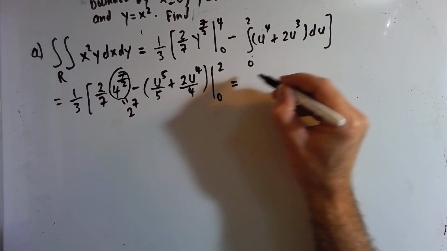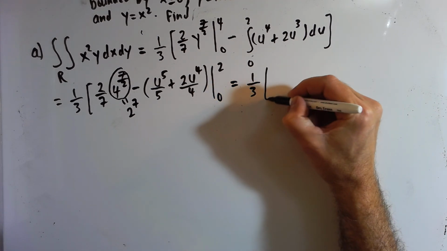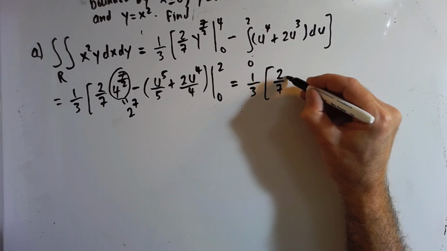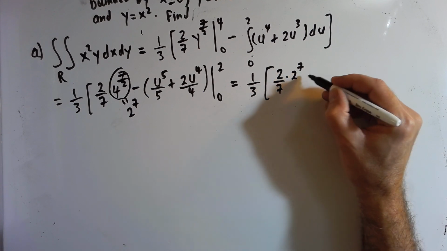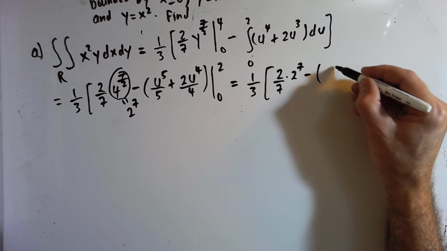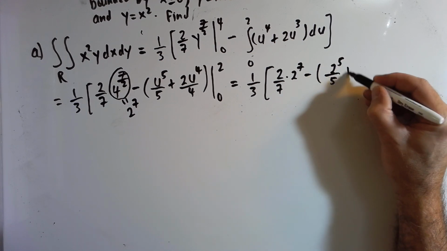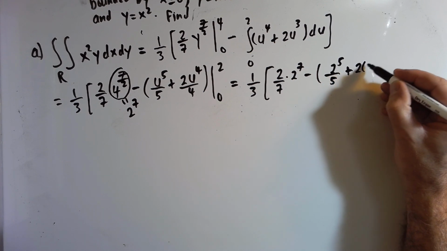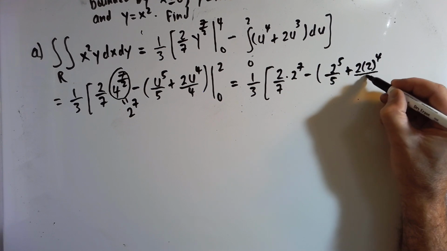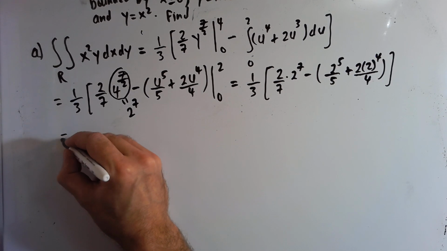So this will equal then 1/3 times 2 sevenths times 2 to the 7th power, minus, putting 2 in place of u, 2 to the 5th over 5 plus 2 times 2 to the 4th over 4. Okay, keep going here.